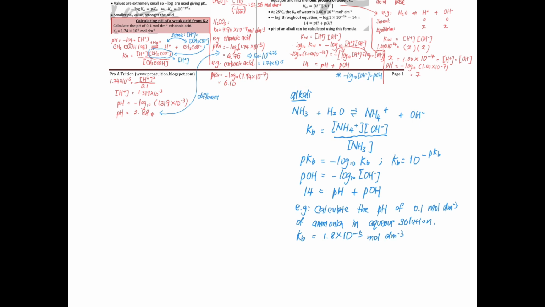Similar concept, so it is not too hard. As long as you follow the same way as before, you can get it. Okay, so we just do it straight away.